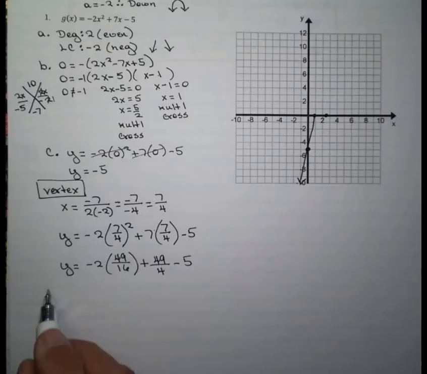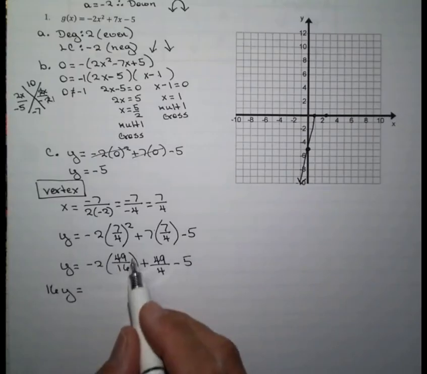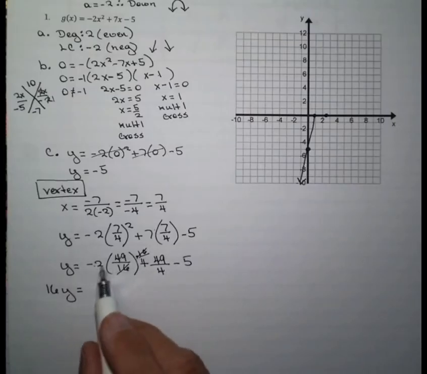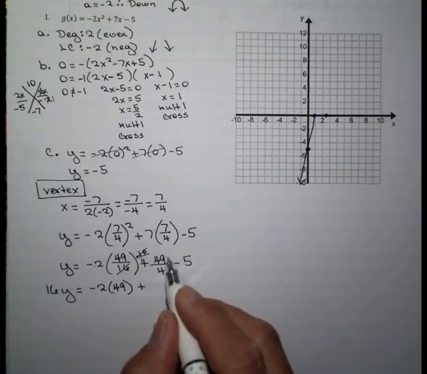I'll say 16 times every term. So I say 16 times y. And then when I multiply this one, I say times 16 over 1, right? And it will reduce these fractions. But this negative 2 would still be there to be multiplied times 49. I know you can do this with a calculator and end up with decimals, but you do need to know how to do this math.